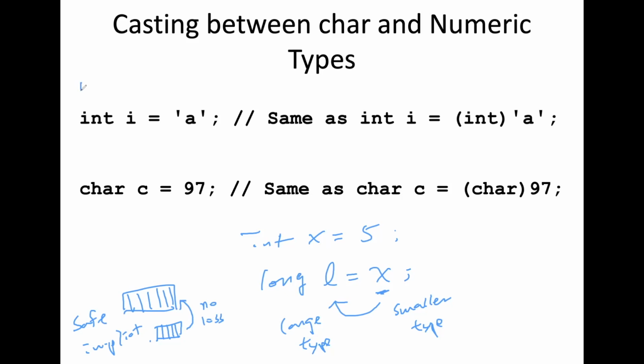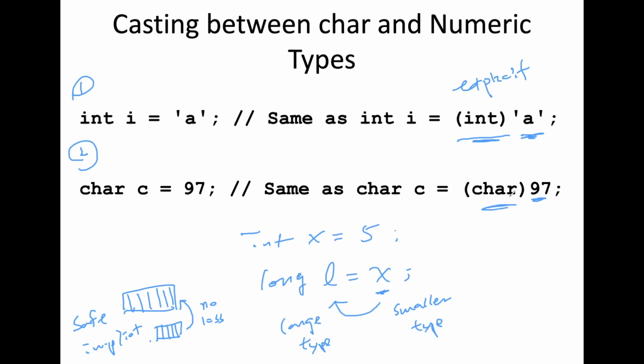Let's look at these two examples here. Notice that we have this explicit casting. Explicit in the sense that you have to attach a data type in parentheses to force the conversion. So this is forcing this 'a', which is a character, into an integer. This is forcing an integer into a char.